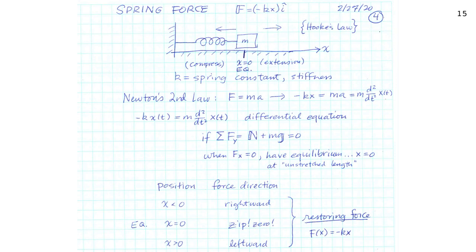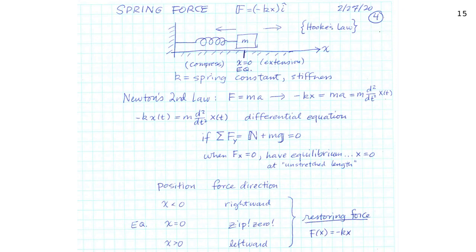All right, now let's take a look at some of the properties of this. Let's define, if you look at the force law, the force is equal to 0 at x equals 0. So let's say that this point right here underneath the mass is x equals 0. Okay, so right there, the force is equal to 0.